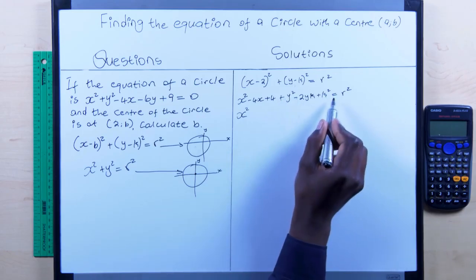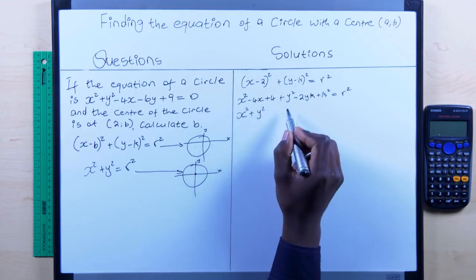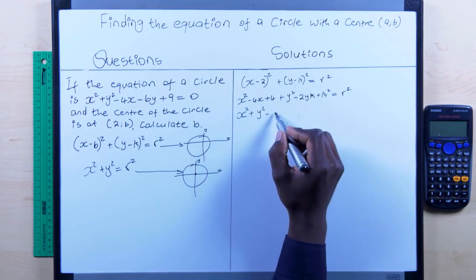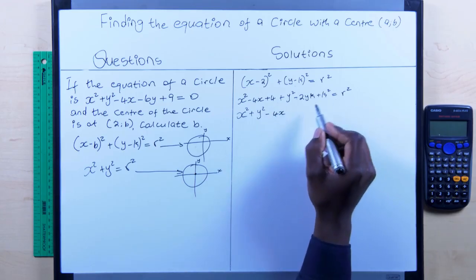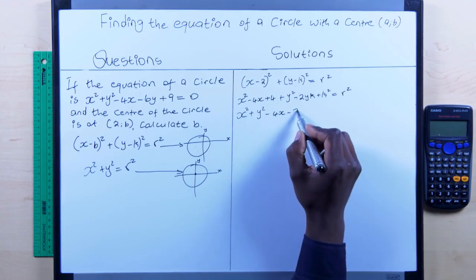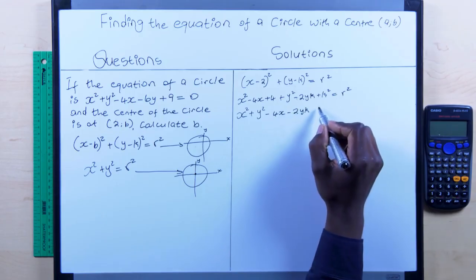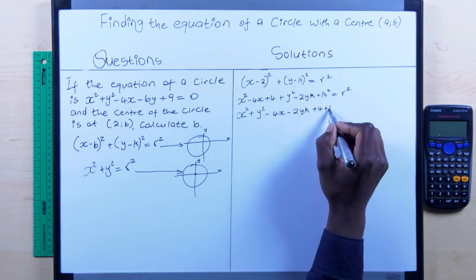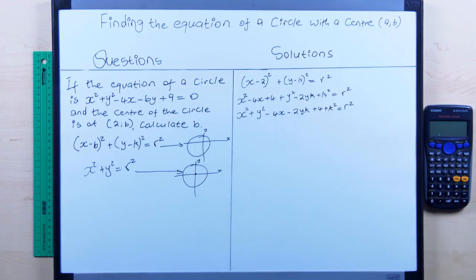K is a constant, it's not a variable. Then followed by minus 4x, followed by minus 2yk, followed by plus 4 plus k squared, all equal to r squared.